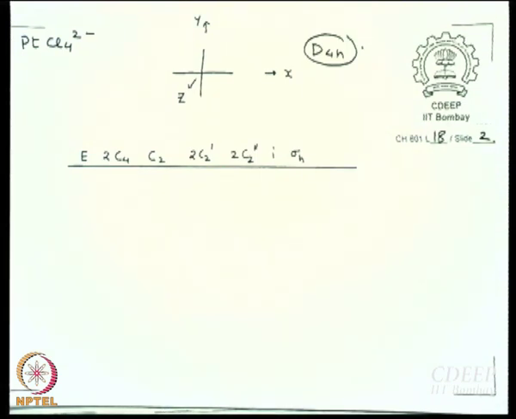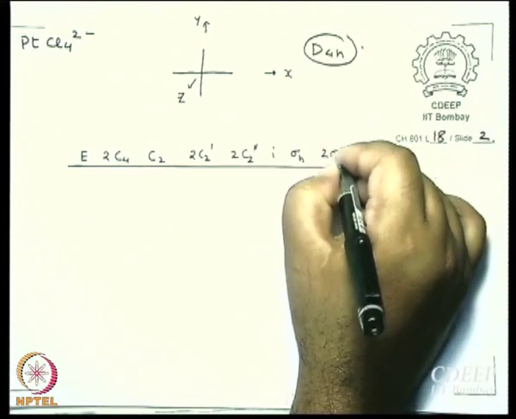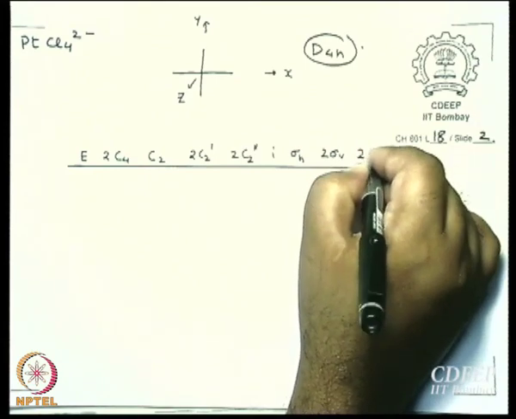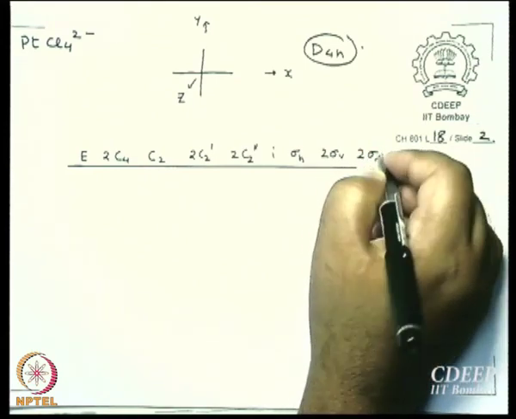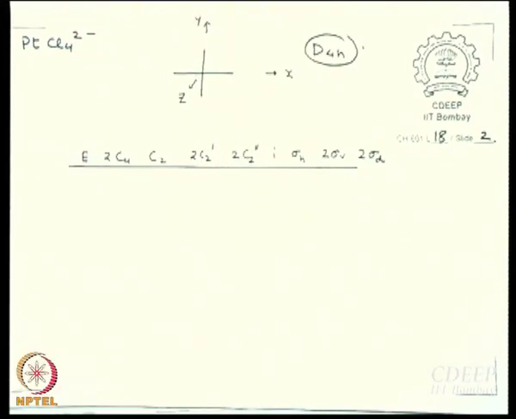Here we differentiate between sigma v's and sigma d's. These are the sigma v's, these are the sigma d's. The ones that go through the bonds are called sigma v, the ones that go between the bonds are called sigma d.